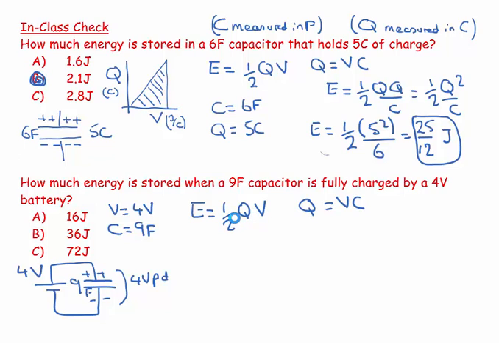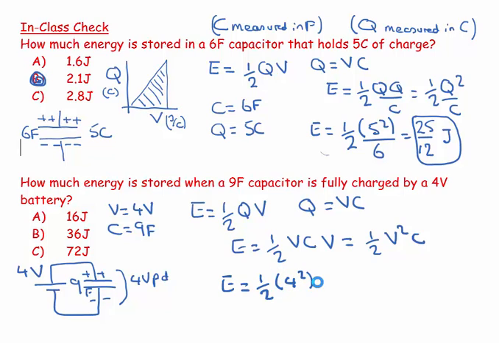This time, I don't want to have the charge in it, so I'm going to say E is equal to 1/2 VC times V, which equals 1/2 V squared times C. So my energy is equal to 1/2, and the V was 4, so that's 4 squared times my capacitance of 9, which gives me 16 times 9 over 2, which equals 8 times 9. 9 eights are 72. So that's 72 joules.